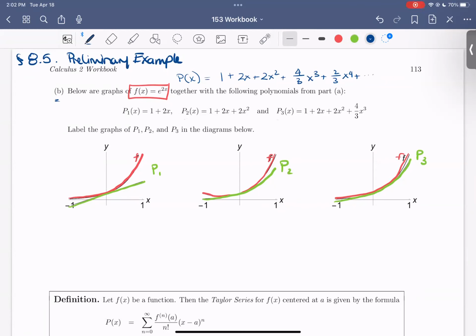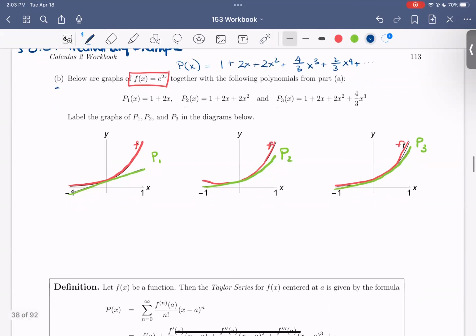What we should observe is that as the index, P1, P2, P3, increases, our polynomial approximates our function more and more. So let's go ahead and write that down. P1, P2, P3 gets in some sense closer to f, right?